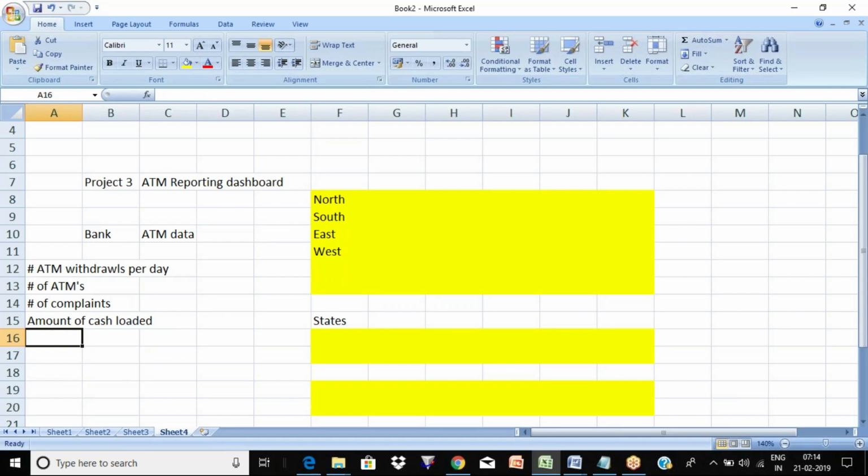Anyone can withdraw money from any ATM, right? If I'm going to an HDFC ATM machine and I have an ICICI debit card, I can go and withdraw it, right? But why do they need that metric? What do you think? Why do we need that metric?